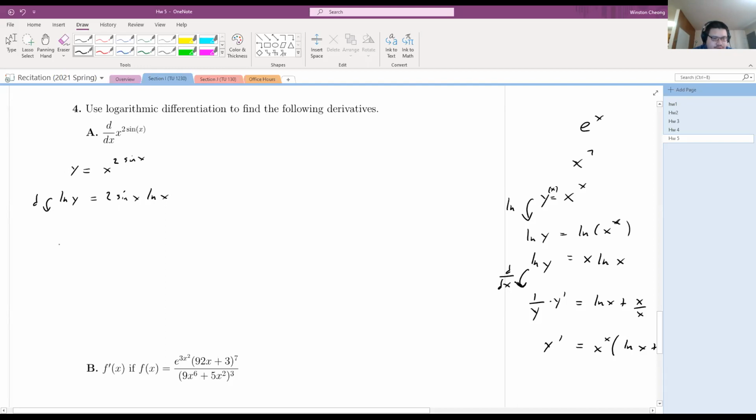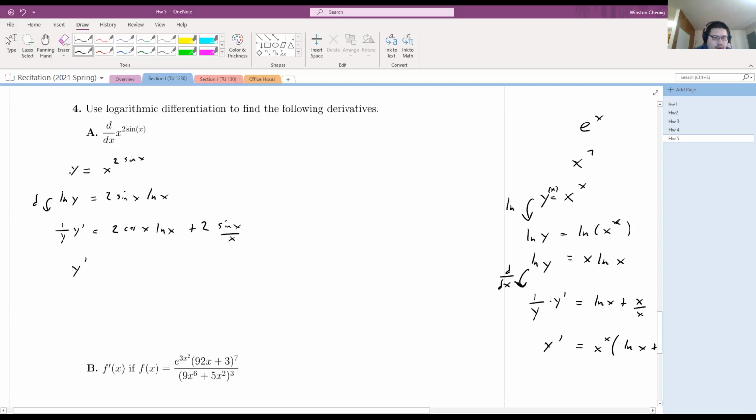So I'm just doing an arrow indicating derivative, and we get 1 over y times y prime is equal to, and then here I've got a product rule. So this is going to be 2 cosine x ln x plus 2 sine x over x. Okay, and now the final step is you just bring this 1 over y to the other side by multiplying.